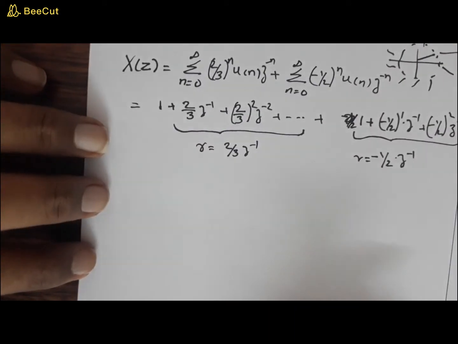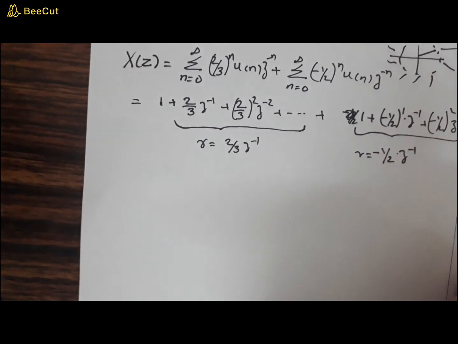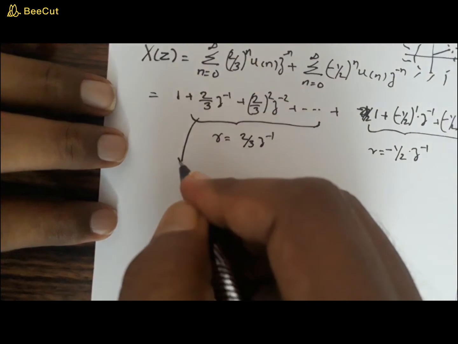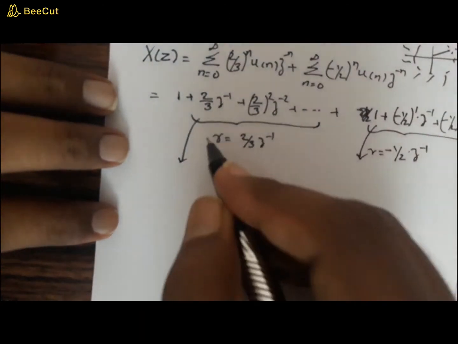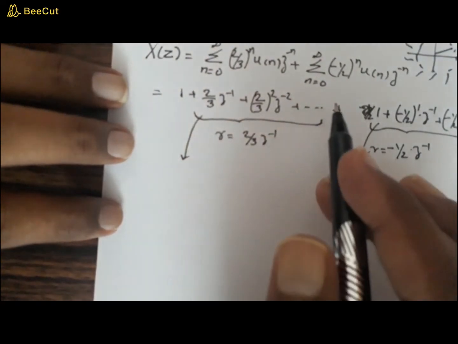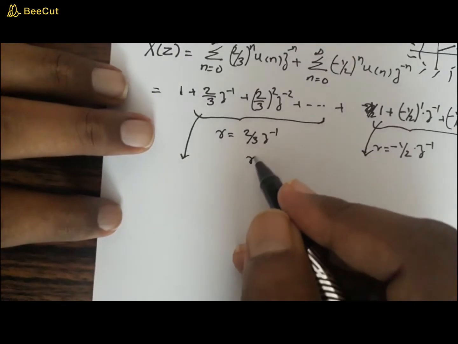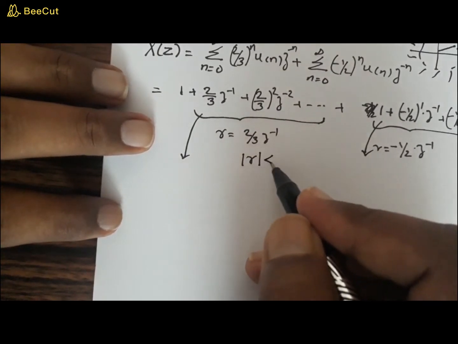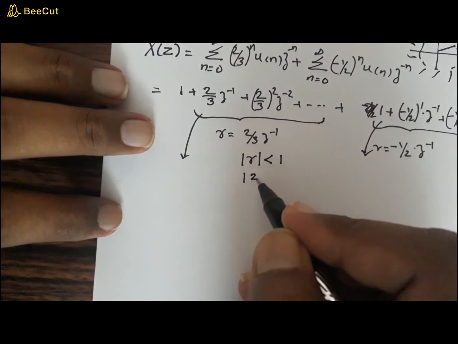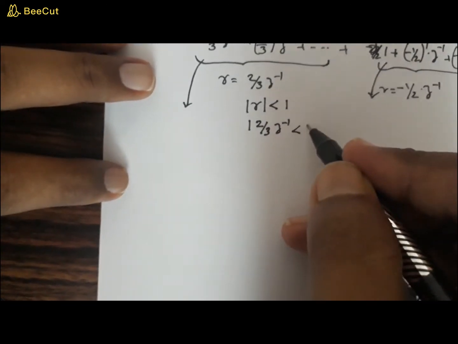Okay, now you have two GPs, the sum of two GPs, which have two different common ratios. Now these two GPs will converge if you can set a condition that this R should be less than 1. So let us try for this first GP. For the first GP to converge, what must be this condition? Modulus R has to be less than 1, or modulus (2/3) z^-1 has to be less than 1.